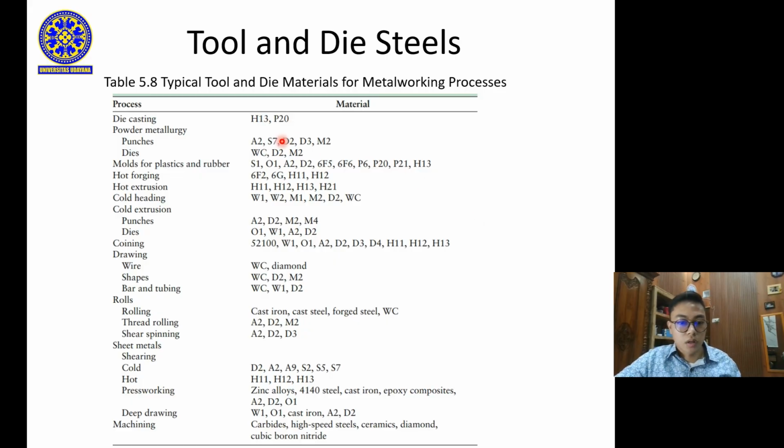And this is another table for typical tool and die materials for metal working processes. It has a large variety with different dedicated codes and materials.